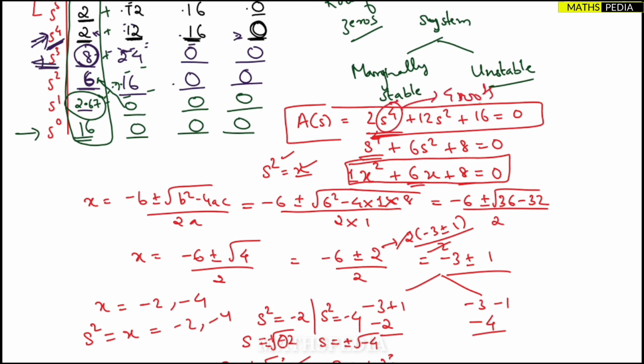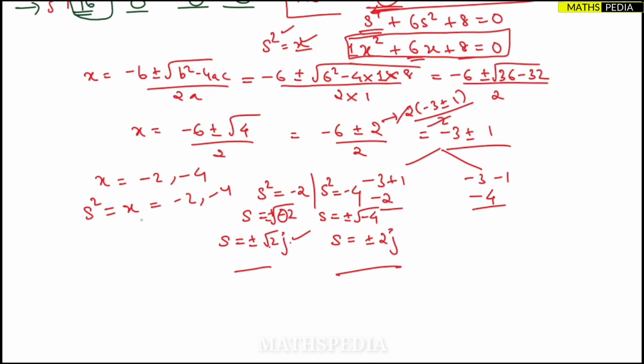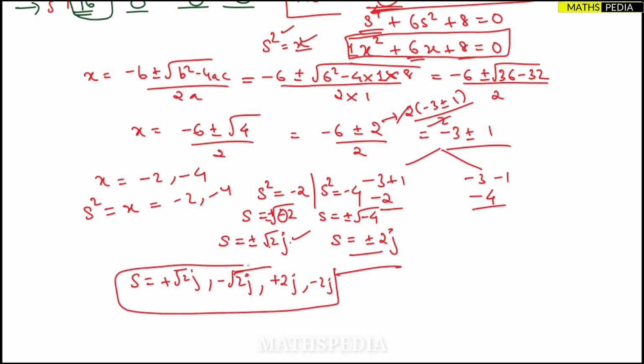Okay, so what are the roots here? S values are nothing but plus root 2j, minus root 2j, then from here it is plus 2j and minus 2j. These are my basic roots. Now here we are getting, let me just plot first, then I'll tell you whether it is marginally stable or unstable.